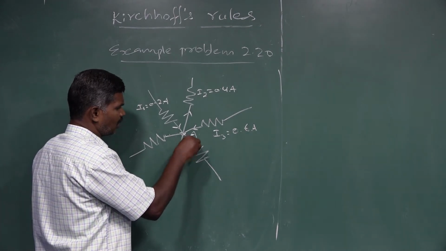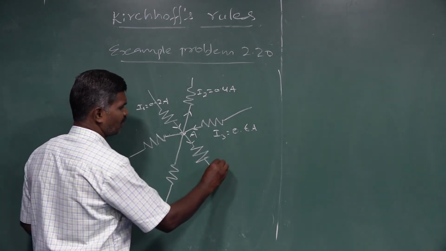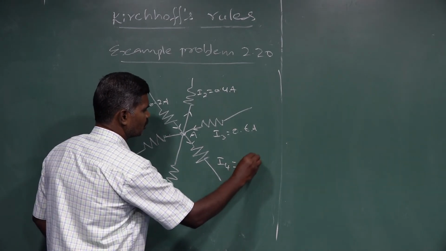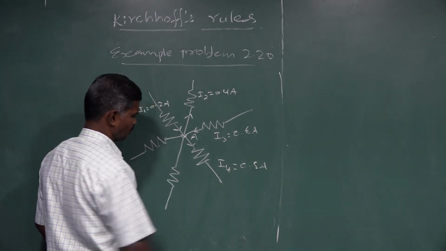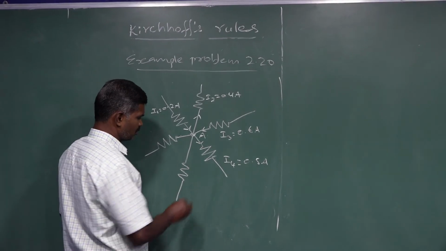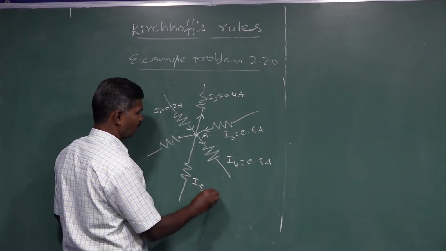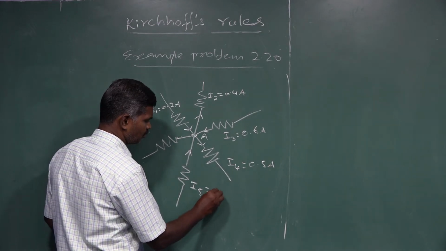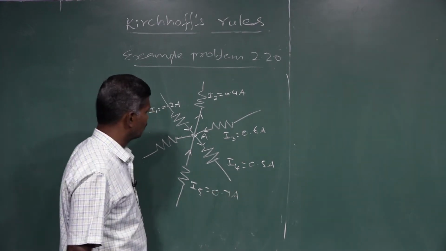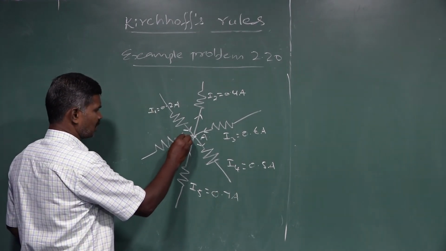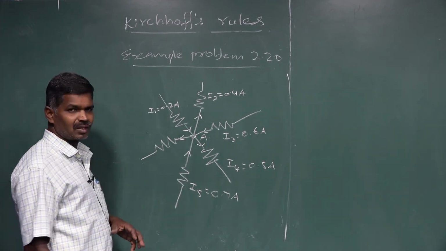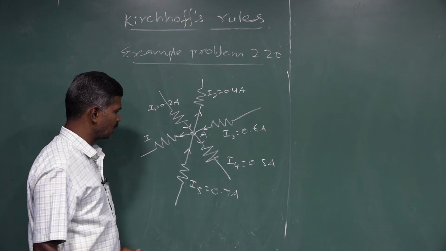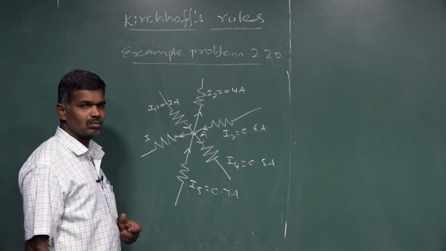Then here, next resistor, we have a current I4. Its value is 0.5 ampere. Another resistor, we have a current I5 towards the junction. Its value is 0.7 ampere. And another one is there, away from the junction, that current is an unknown current. For that unknown current, I am representing it as I alone.